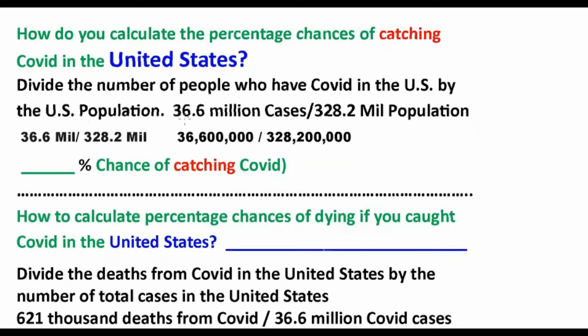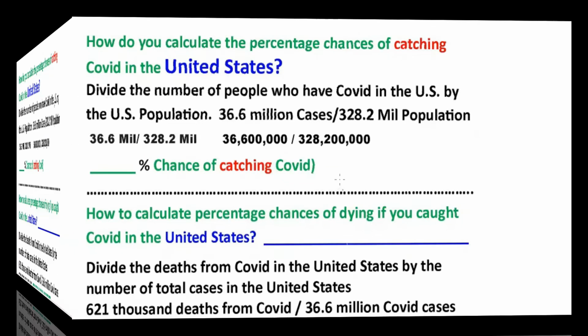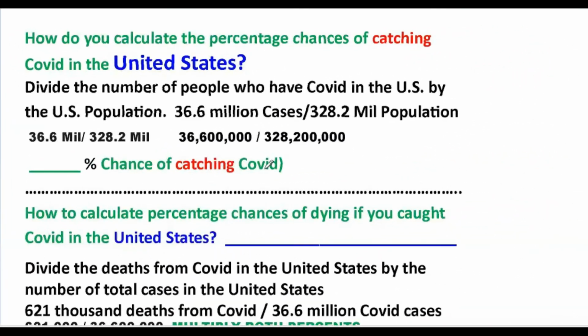We have 36.6 million cases here in the United States, and a population of 328.2 million. If we do our division and you did your math correctly, you should get 11.2%. So it's an 11.2% chance of catching COVID here in the United States.